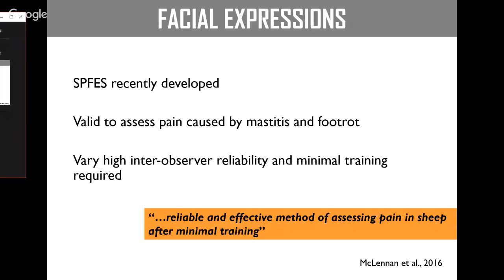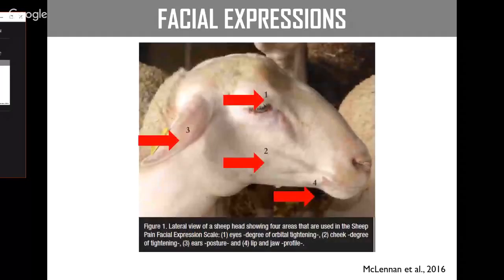Just to give you a little bit of a flavor of what the facial expressions in sheep are in terms of pain assessment, you can look at the animals from a lateral view, and then there are basically 4 traits you have to look for. One is eye tightening.